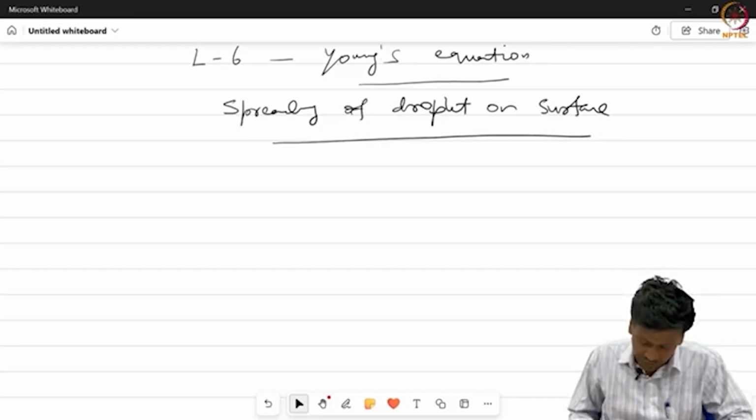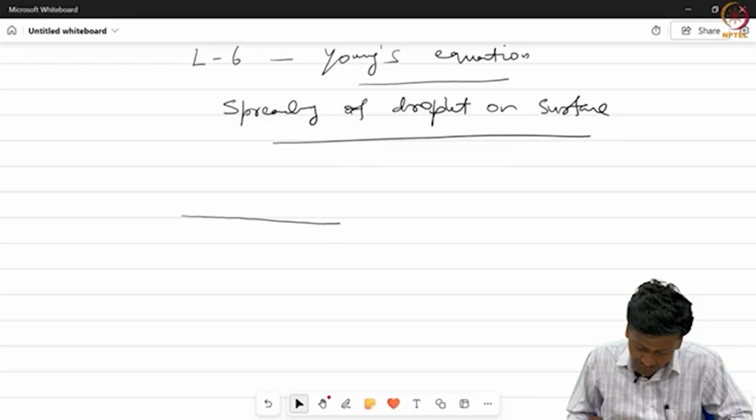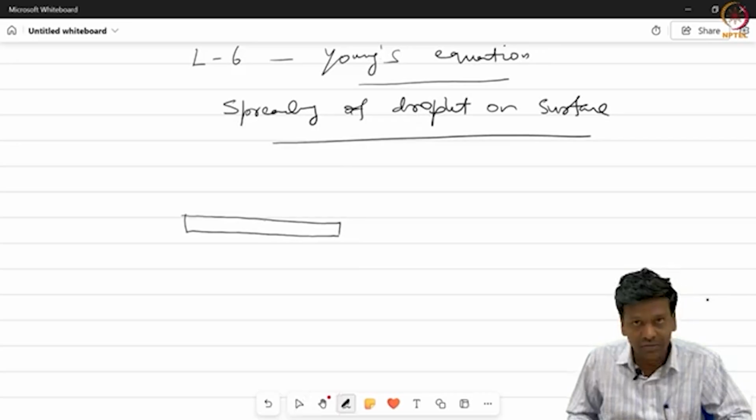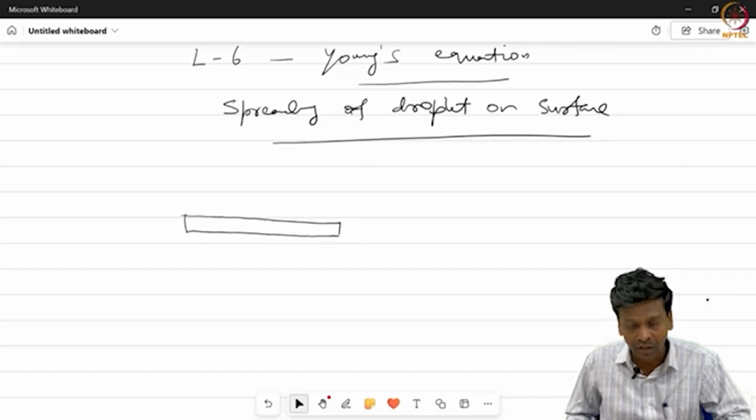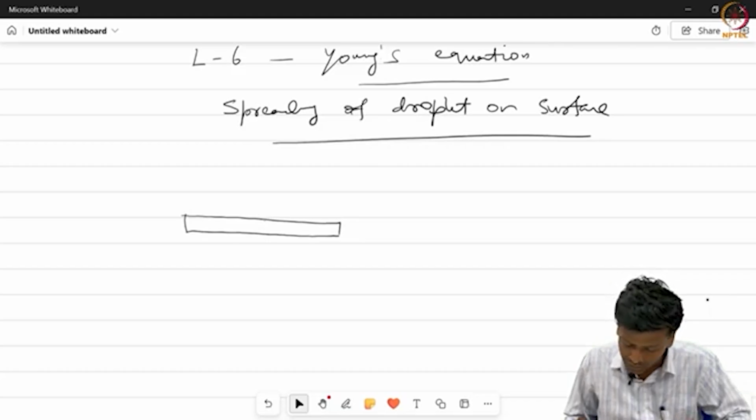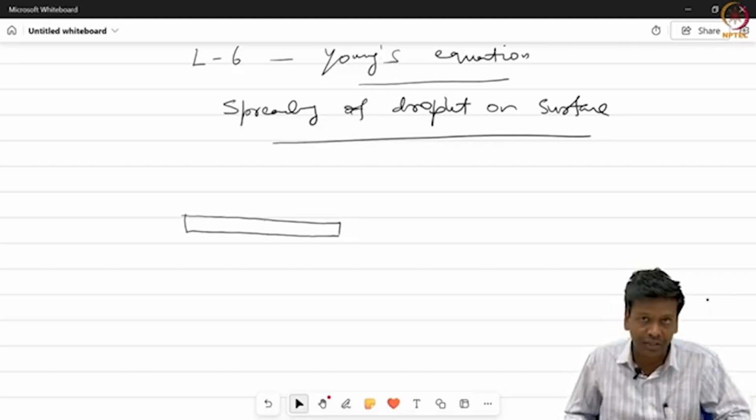Let's say we have a surface and we want to understand whether a liquid droplet, if I place it on the surface, will have a tendency to spread or to retract. So wetting or de-wetting characteristics of a surface can be easily quantified or assessed using what is known as Young's equation.